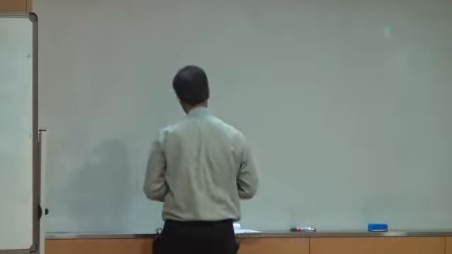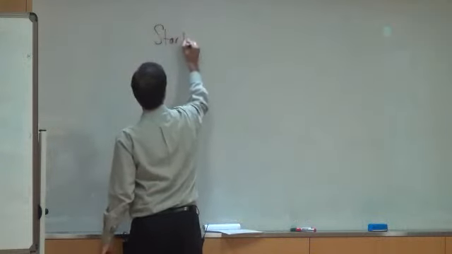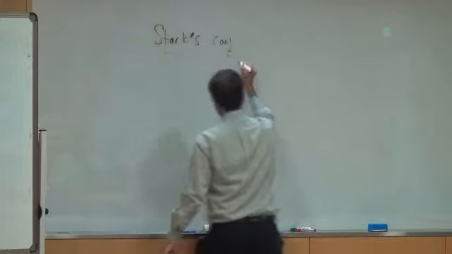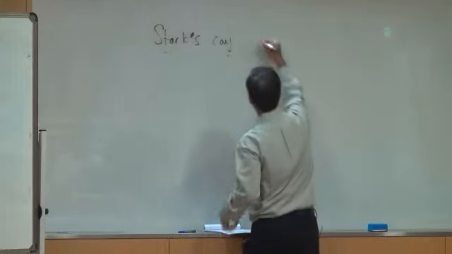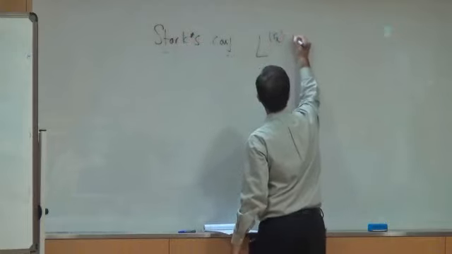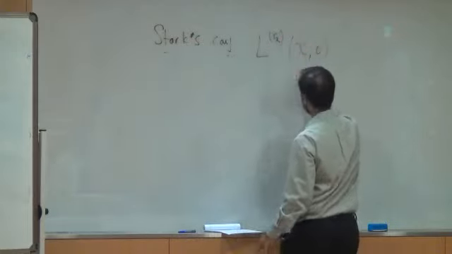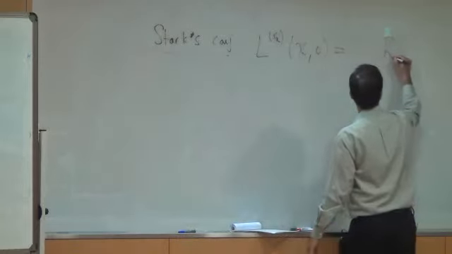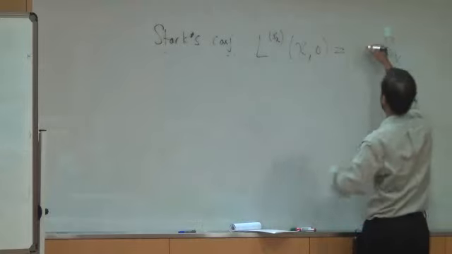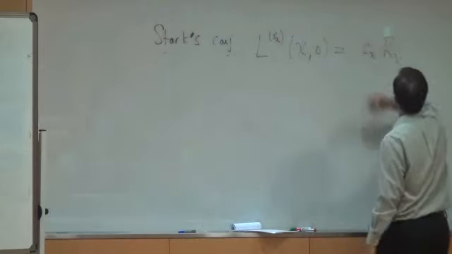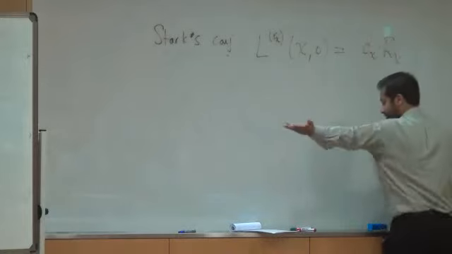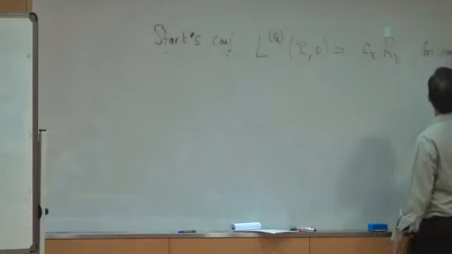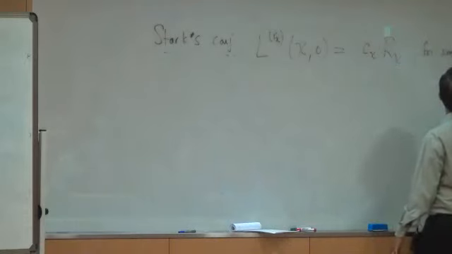Okay, so Stark's conjecture is that the leading term of L of chi at 0, because I said we know that it has an order of vanishing R chi, the leading term is this regulator, up to multiplication by an element of E star. So I'll just call that C chi. Okay, and that has to be there because I've only defined it up to multiplication by E star, for some C chi in E star.